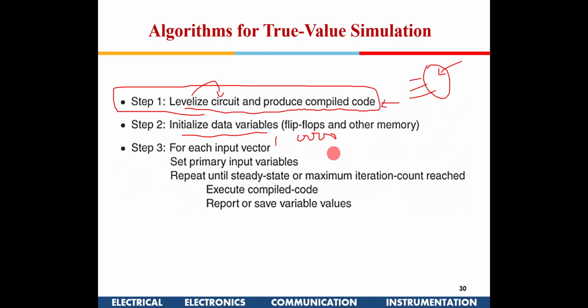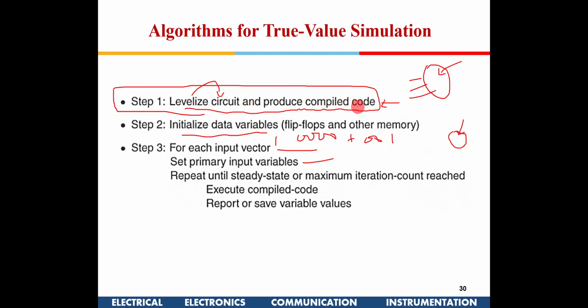For each input vector I set the primary input variables, run this code, and get the final answer. That final answer I will verify with my specifications. Suppose I am giving 0 0 0 plus 0 0 0 1. Is the final result true or not? I will check that. Once it is done, I will change the primary input and run this code again. So multiple times I will run the code.